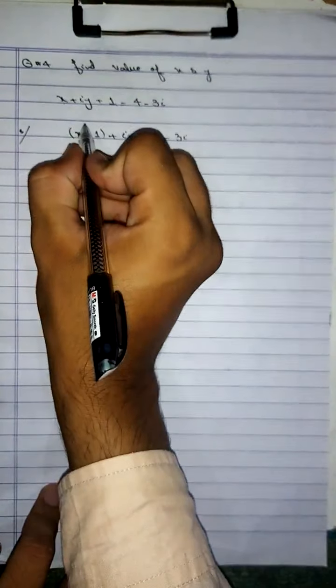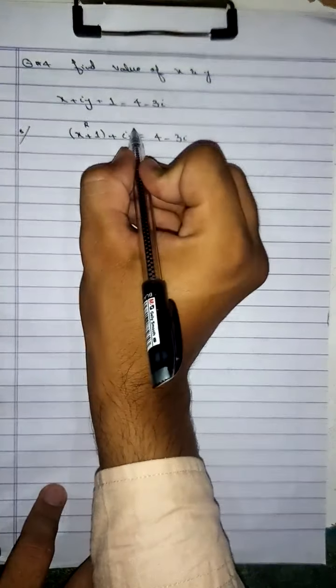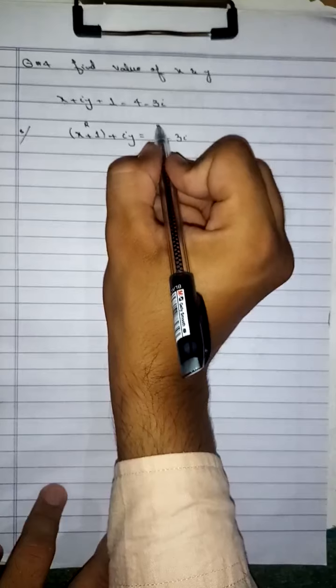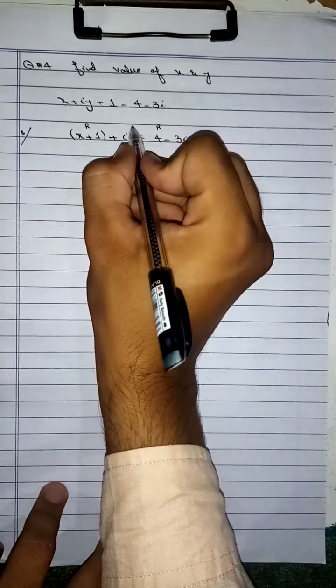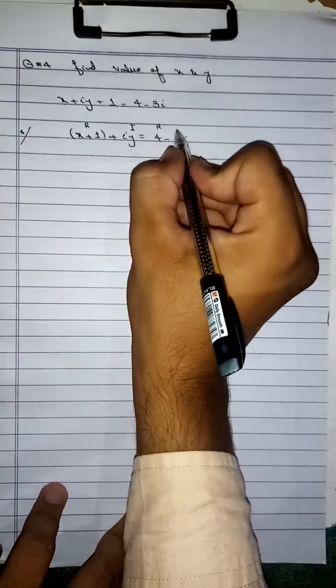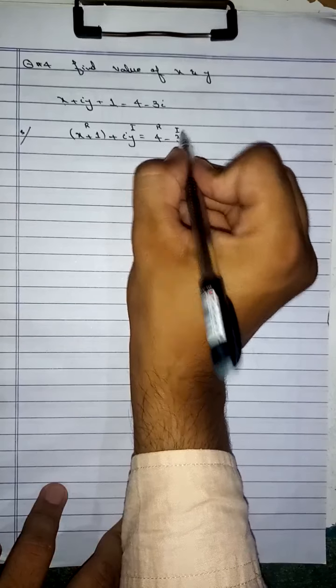Now on the left hand side and the right hand side we have two complex numbers. The real part of the left hand side is x plus 1 and the real part of the right hand side is 4. The imaginary part of the left hand side is y and the imaginary part of the right hand side is minus 3.